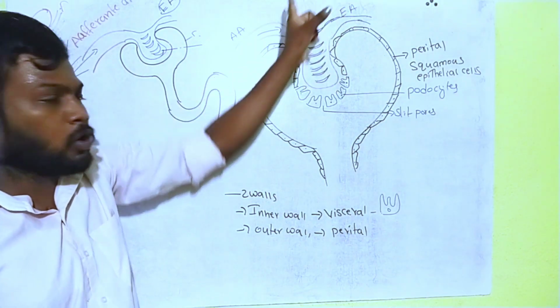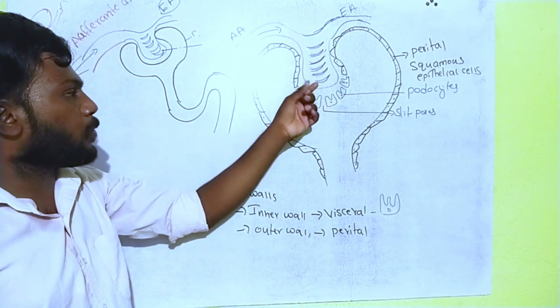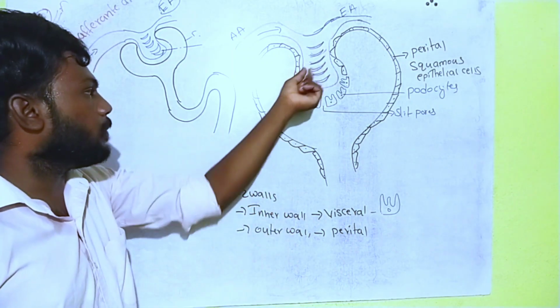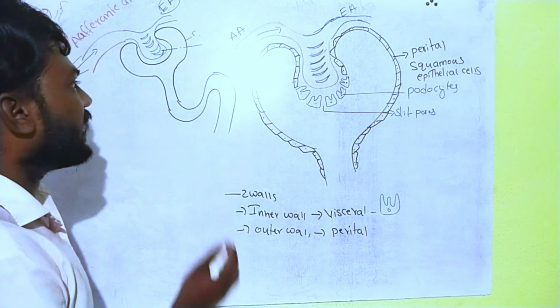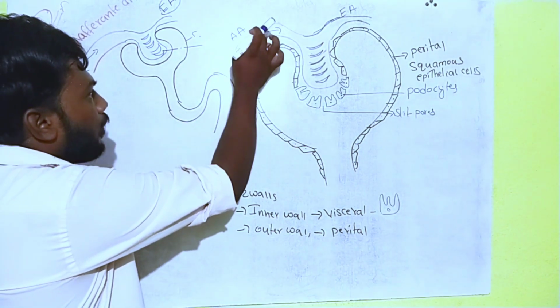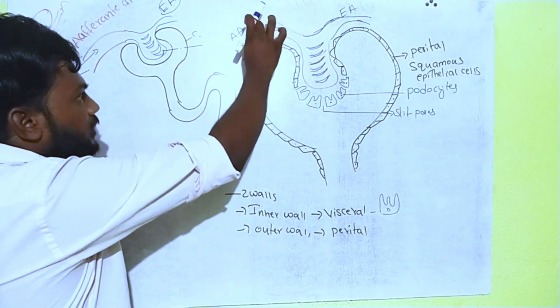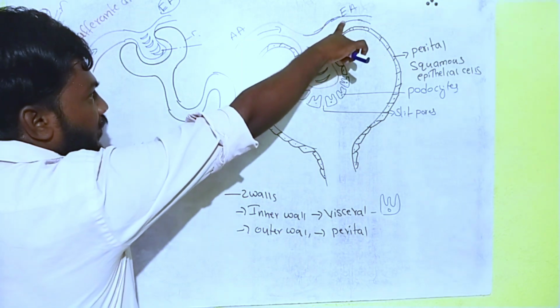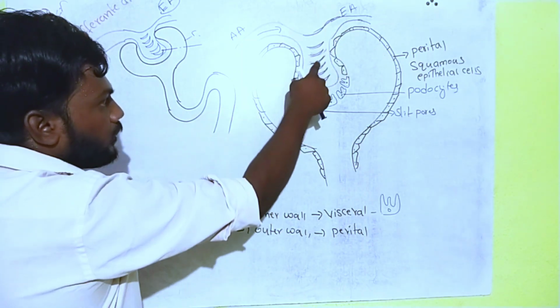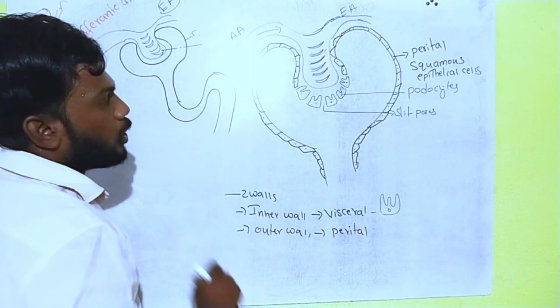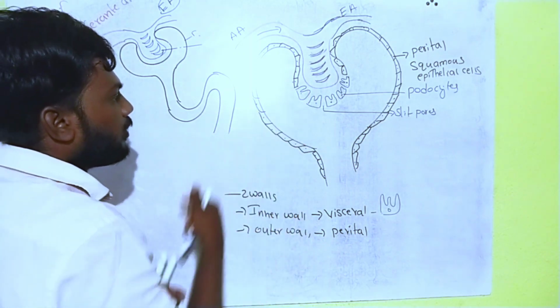The afferent arteriole tube is wider, but the efferent arteriole tube is narrow. So pressure will be developed here, and automatically the blood will be filtered. The afferent arteriole is much wider compared to the efferent arteriole. Due to this, pressure develops in the glomerulus, so blood will be filtered.